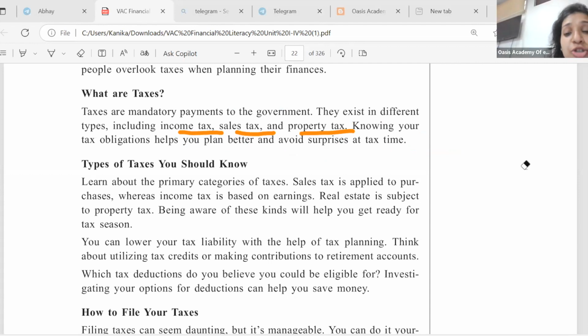You should know what taxes you are paying, when, how much, and whether you are avoiding payment. If you don't pay on the due date, penalties are charged. So this plays a very important role in our financial decision making.